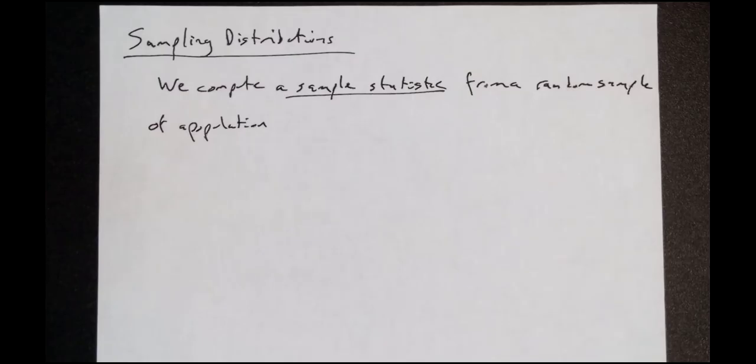Gather information, use a random sample, and then compute something. Whether that something is a mean, a proportion, or something else, I get information about my sample. There's just one problem.